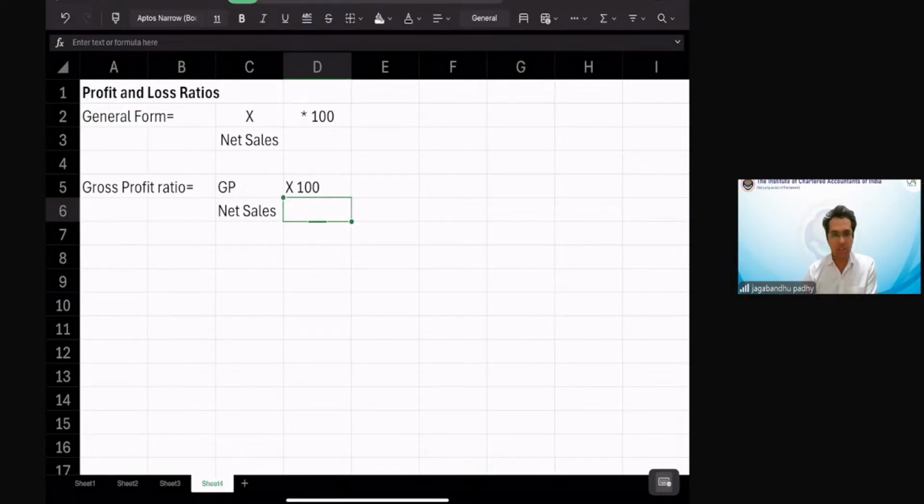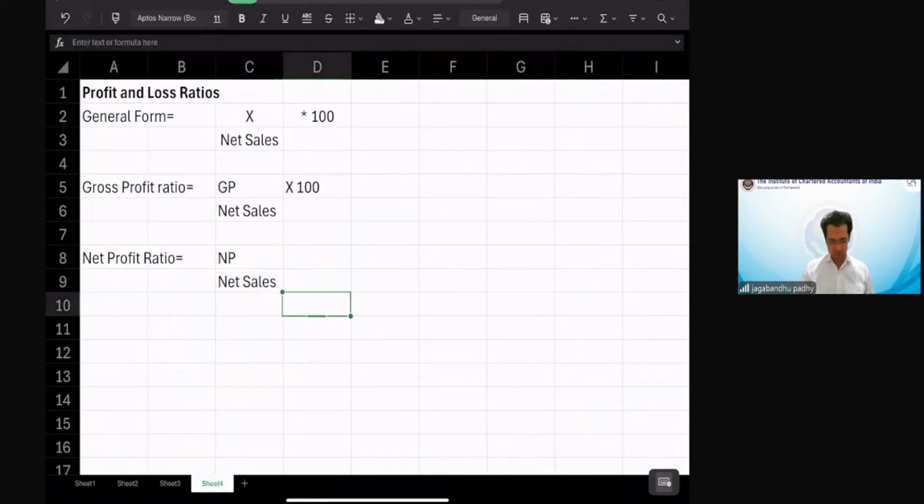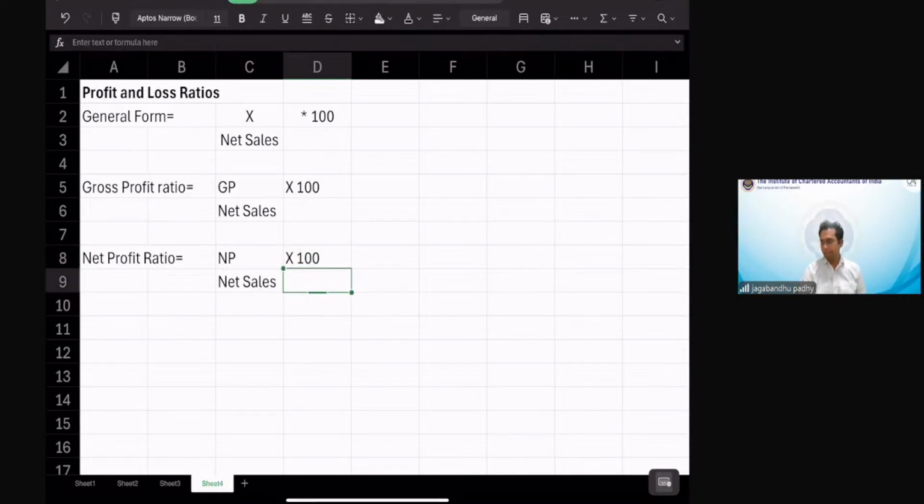Gross profit upon net sales into 100. That's your GP ratio. Then we have net profit ratio. The net profit upon net sales into 100. Net profit ratio is net profit upon net sales into 100.